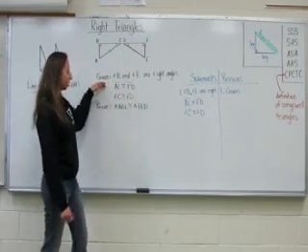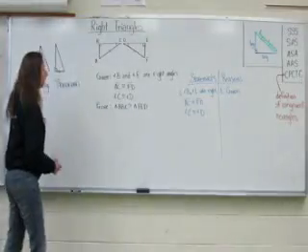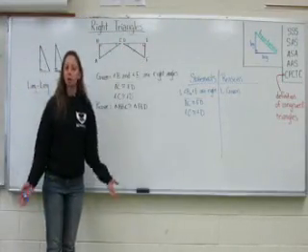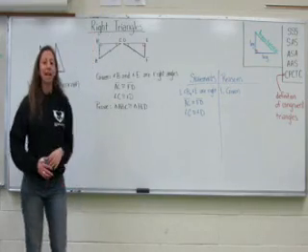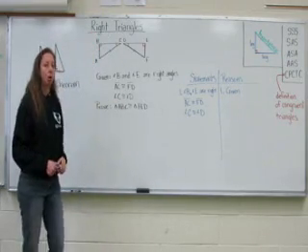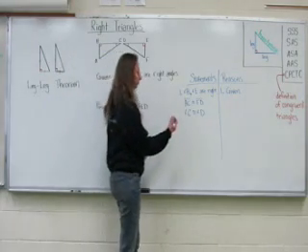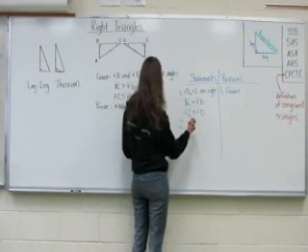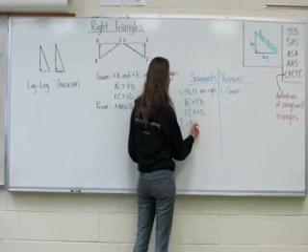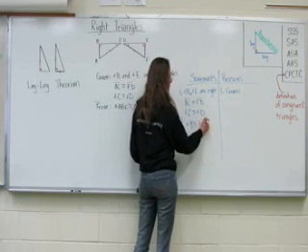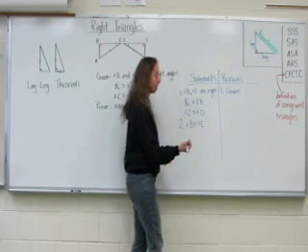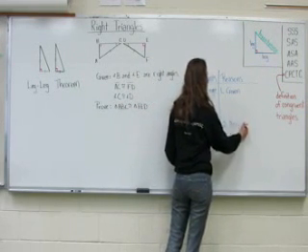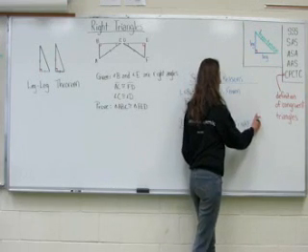We already have our given information, and if we look up here, we have B and E are right angles, and what do you know about all right angles? That's right, they're congruent. So we can say that angle B is congruent to angle E because all right angles are congruent.